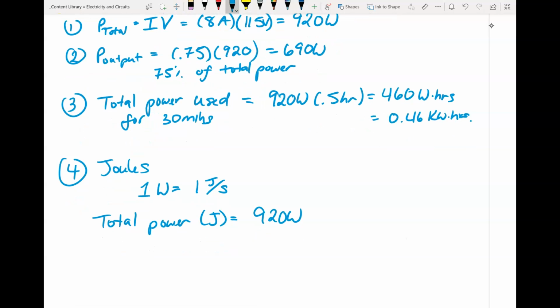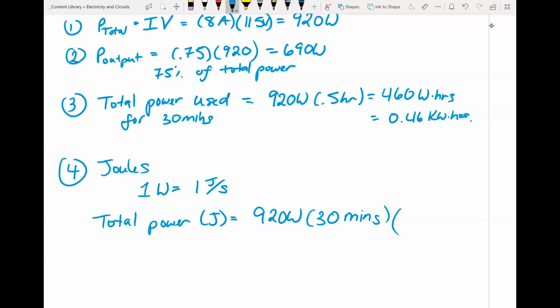And if we look at a conversion, we need this to be just joules. So in order to get this into just joules, I need the seconds, the time, to cancel out. So I'm going to multiply this by 30 minutes because that is our total time frame of how long the motor is going to run.